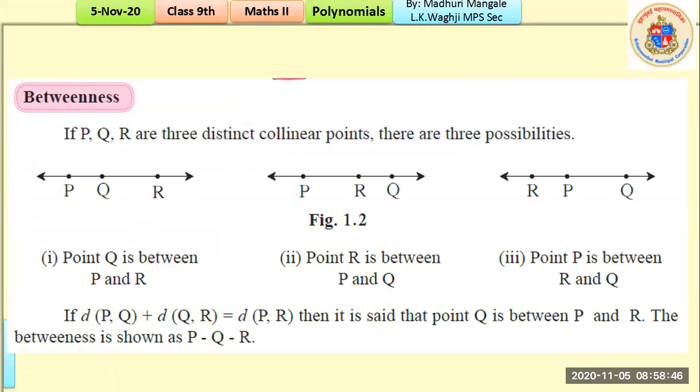And then we saw betweenness, the meaning of betweenness. The formula is very important, and over here you can see this formula.